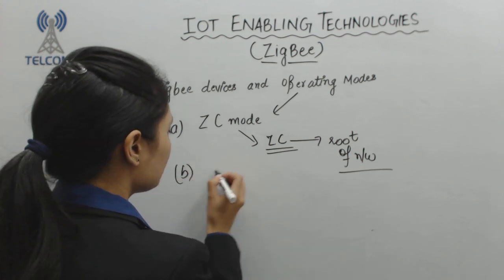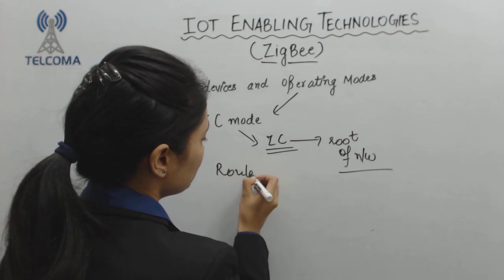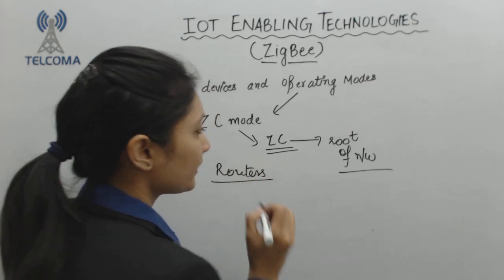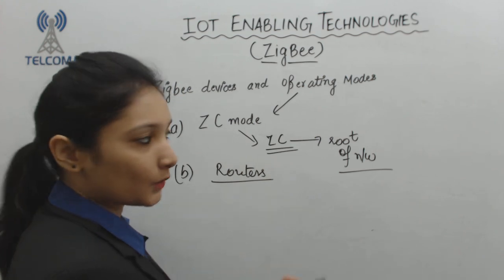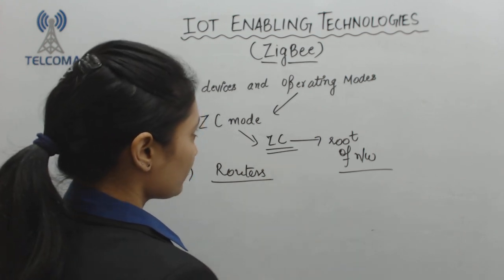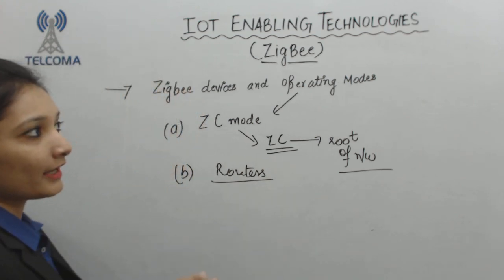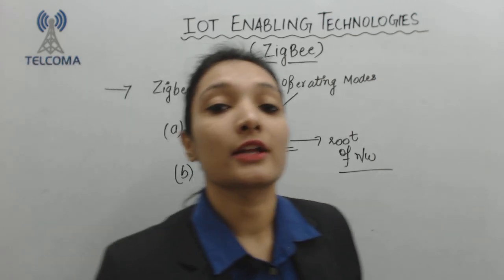Then they have the routers here, which have the capability of routing. Next, we have to check how this technology actually works.